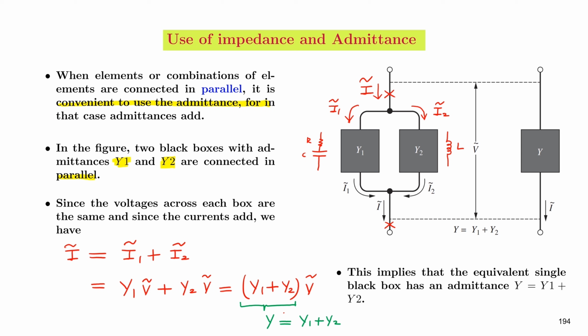In summary, if we have a circuit containing parallel components, then we can find the admittance of the circuit to solve for the total current in the circuit.